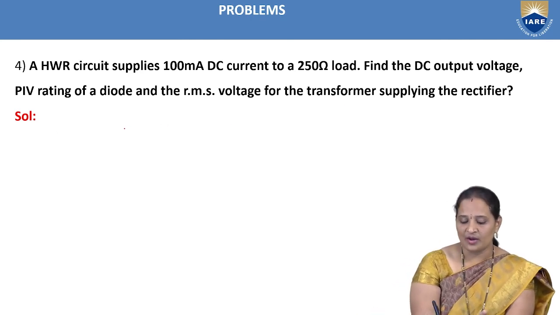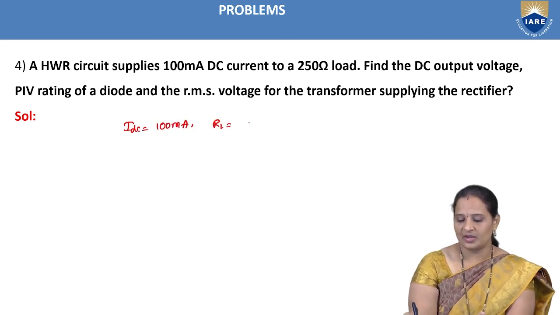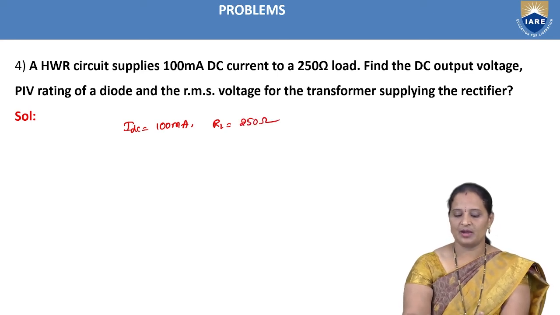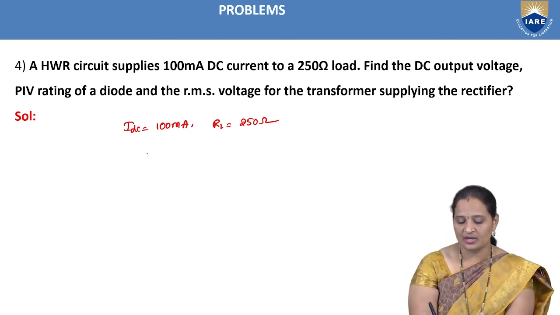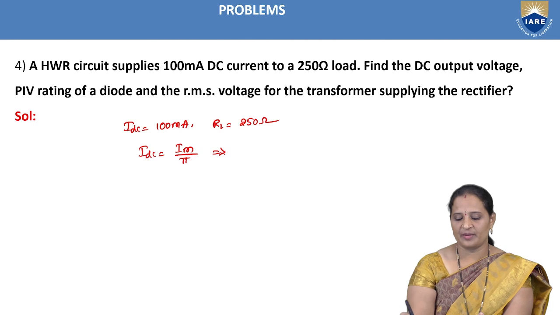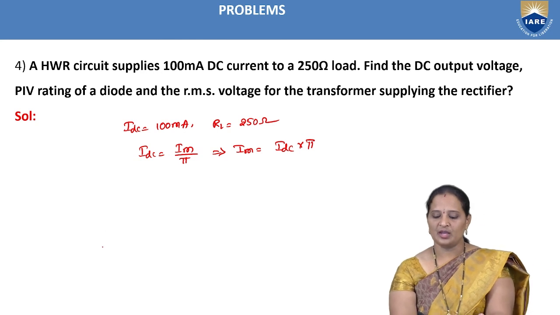Here it is given that IDC is 100 milliamperes and RL is 250 ohms. The formula for IDC is equal to Im by pi. So from this you can calculate the maximum value, which is equal to IDC into pi.